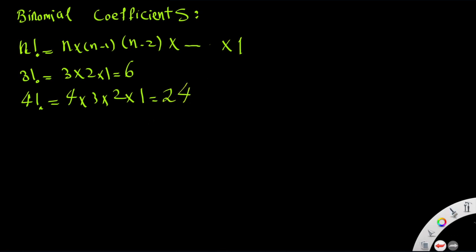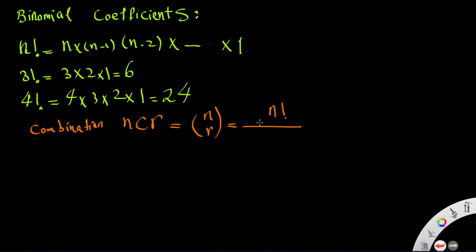Now, the next point you need to know is combination, nCr, or you can write it in this form, combination of n and r. There is a key in your calculators. You can directly find the combination of n and r, but the formula for this combination is n factorial over r factorial times n minus r factorial.